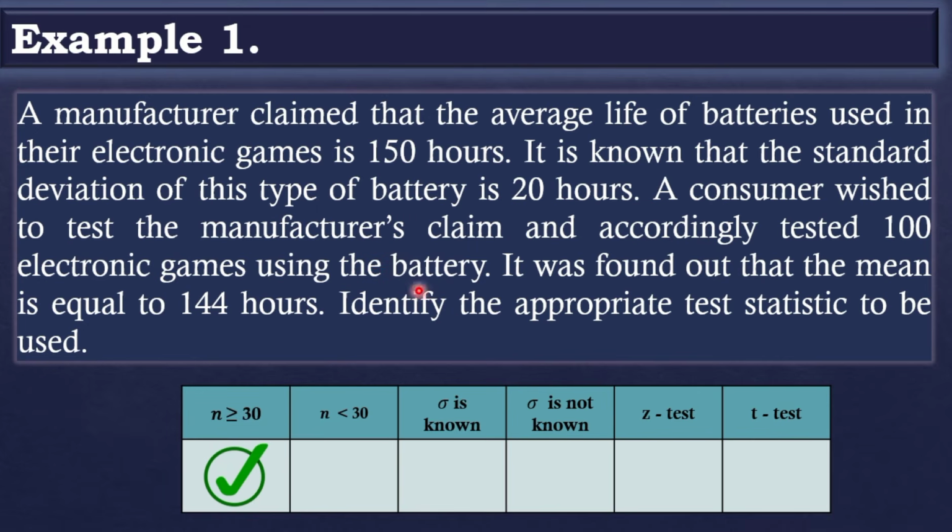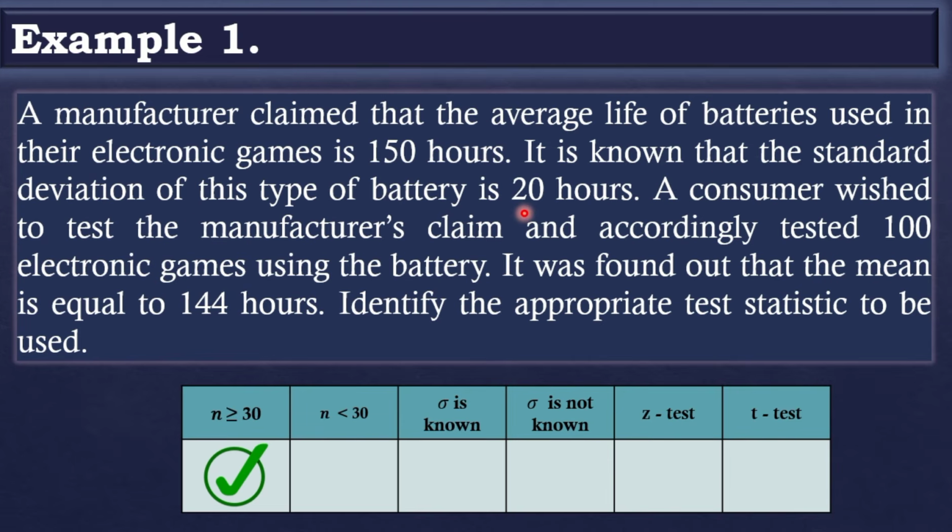So, and then, ang population standard deviation ba natin ay given or hindi? So, tingnan natin. Since tested 100, it was found the mean, identify, so, okay, nandito siya sa pangalawang sentence natin. It is known that the standard deviation of this type of battery is 20 hours.